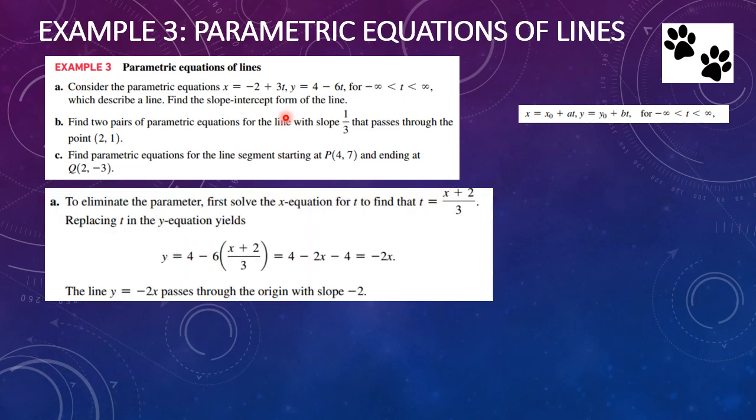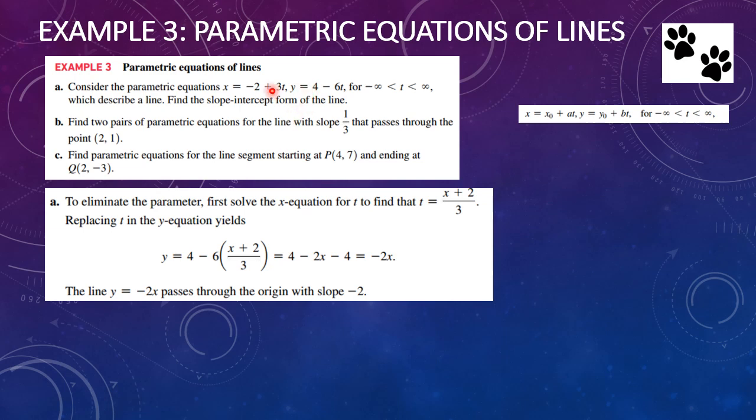So here, to eliminate the parameter, we're going to do just like we did before. We're going to solve the x equation for t to find a value of t that we can then plug into the y equation and then rewrite it in the slope-intercept form of the line. So as we solve for t in the x equation, we get (x plus 2) over 3, which you can see here, and that's just doing the algebra to solve for t from the original parametric equation.